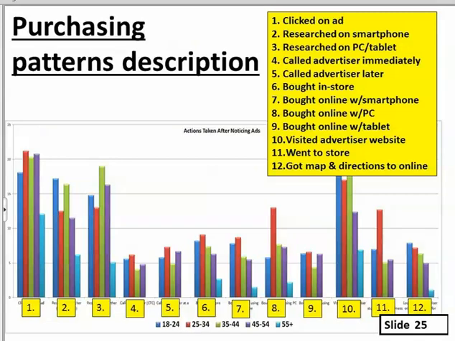Okay. This one again is an interesting little bar chart. What's happened is the numbers across the bottom represent the options that you see in the yellow block up above. So if you look at number 1, those 5 colored bars over number 1 at the bottom represent who clicked on an ad, and the colored bars represent the different age brackets.